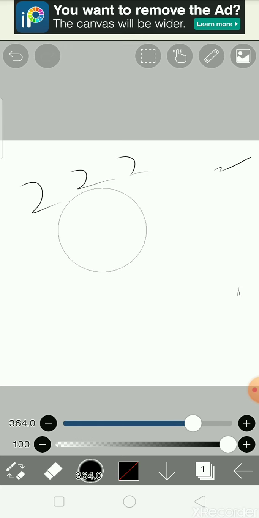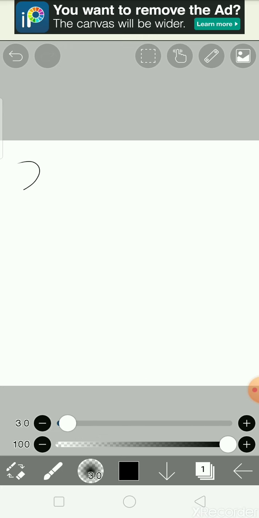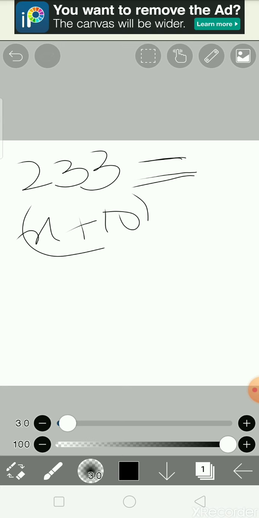So 233 will be equal to x plus 10 plus 1.25 times x plus 10.